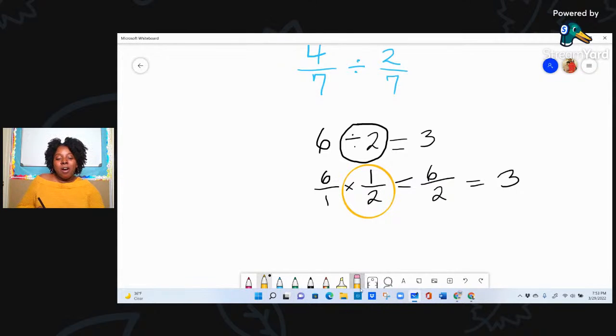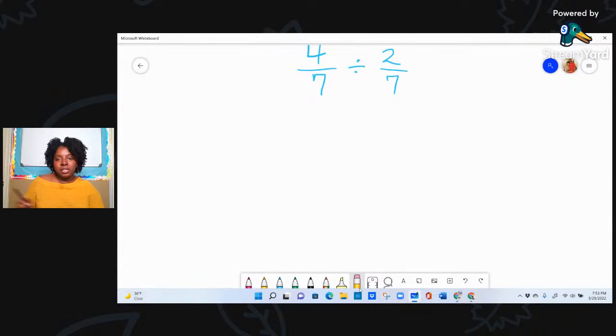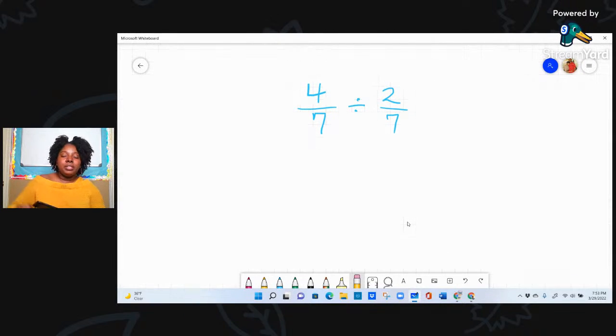So a great mathematician saw this pattern and said, all right, let's make our lives easier. Instead of dividing by fractions, we'll just change it so we're just multiplying, okay? So when you divide by a fraction, it's the same as multiplying by its reciprocal.